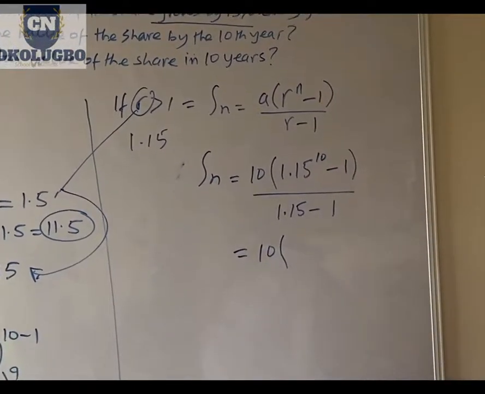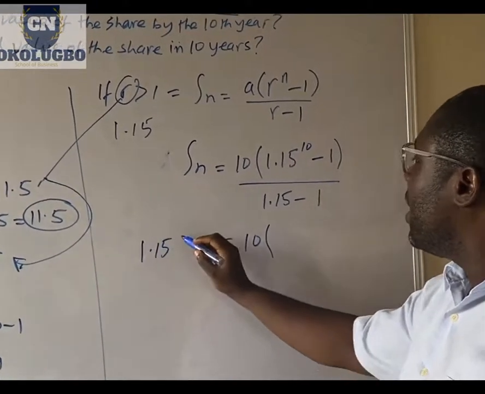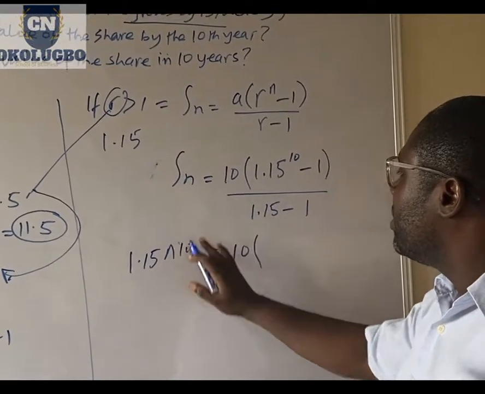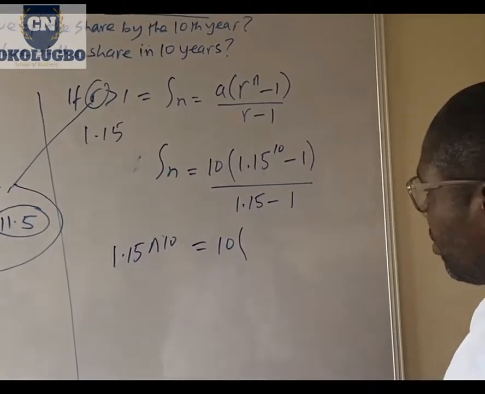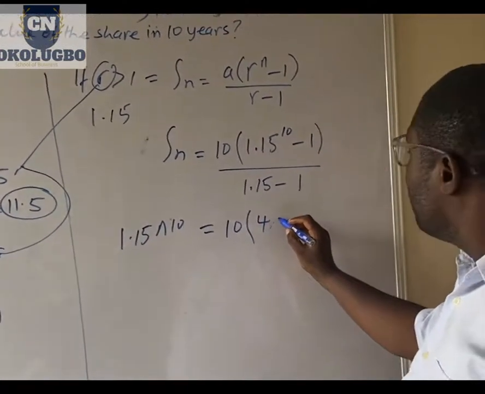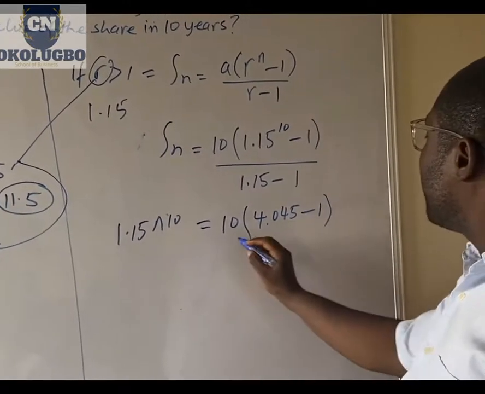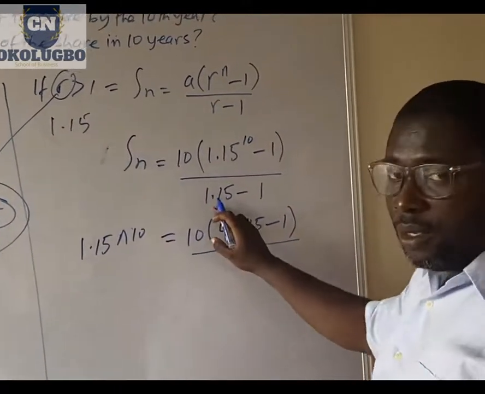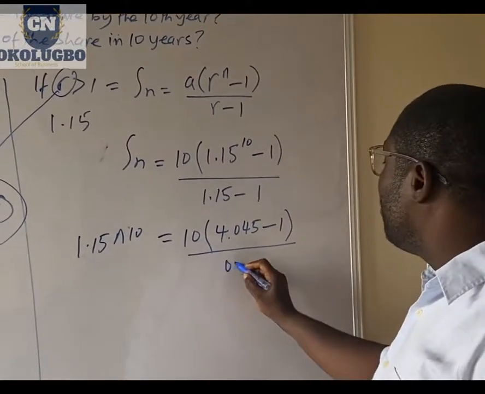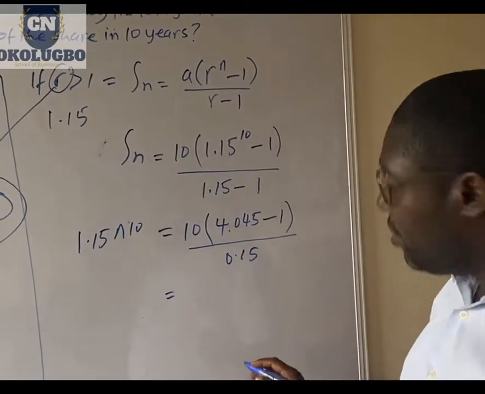Can you do that with your calculator? What you should press is 1.15 exponential 10. If you do that correctly, you should have 4.045. Then you have minus 1, close bracket, divided by 1.15 minus 1, which should give you 0.15. So let's now continue with our calculation.